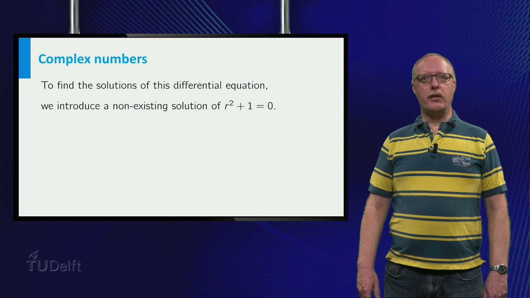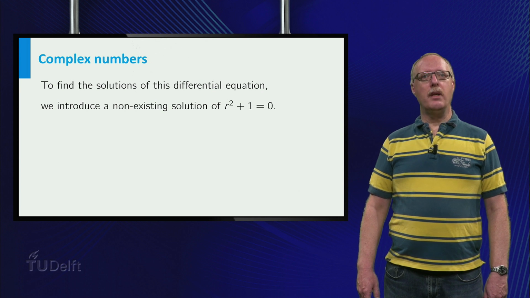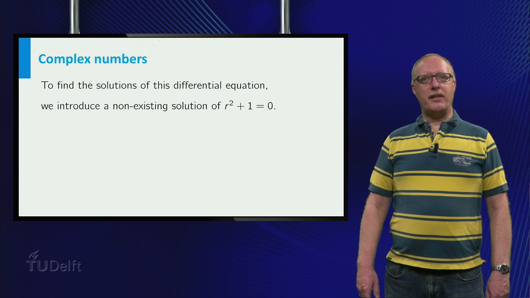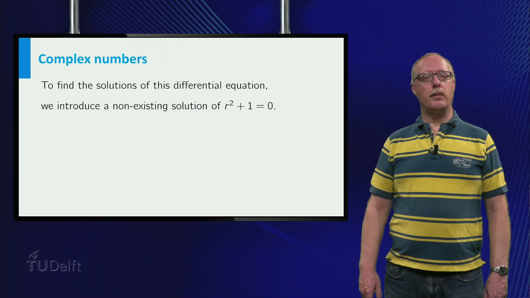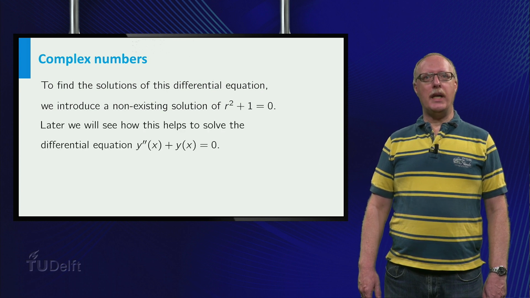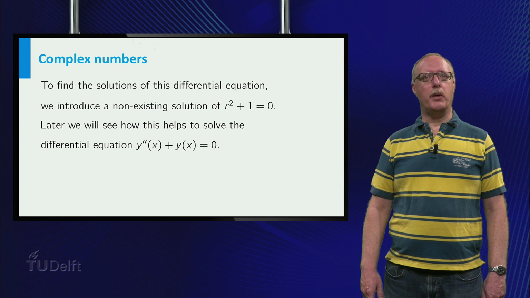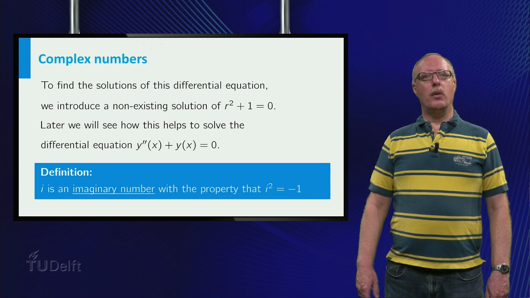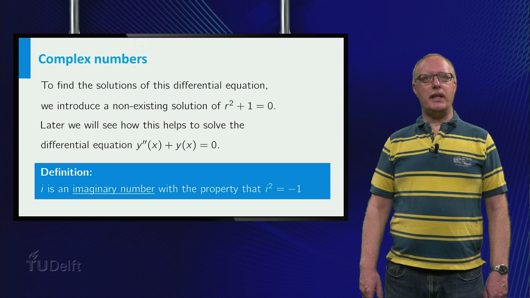In order to find these solutions of the differential equation, we introduce a non-existing solution of r squared plus 1 equals 0. Later we will see how this helps to solve the differential equation y double prime plus y equals 0. We define i to be an imaginary number with the property that i squared is equal to minus 1.